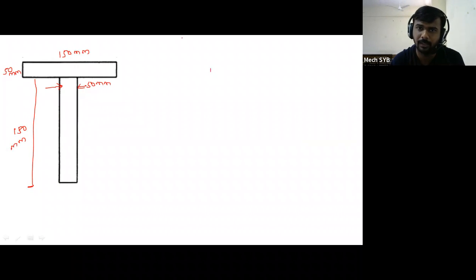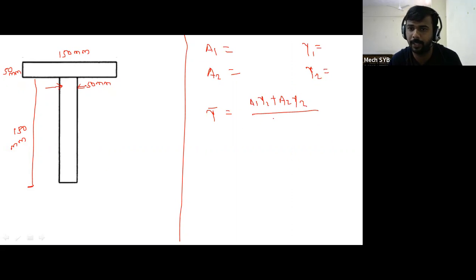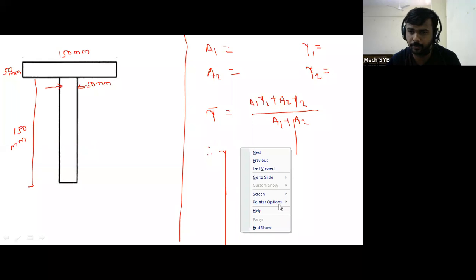So here I will write down all the calculation parts. So value of A1, value of Y1, value of A2, value of Y2, value of Y bar, A1 Y1 plus A2 Y2 divided by A1 plus A2. So your Y bar will be equal to, what will be the answer?